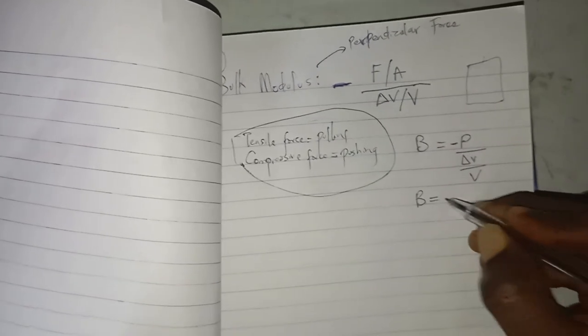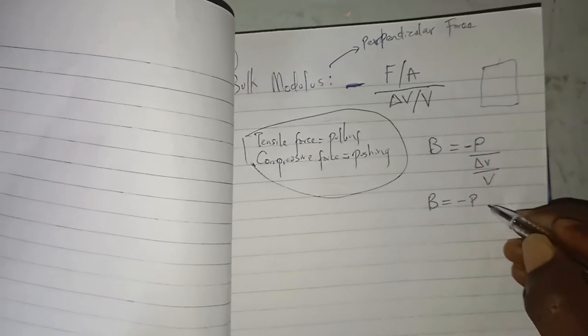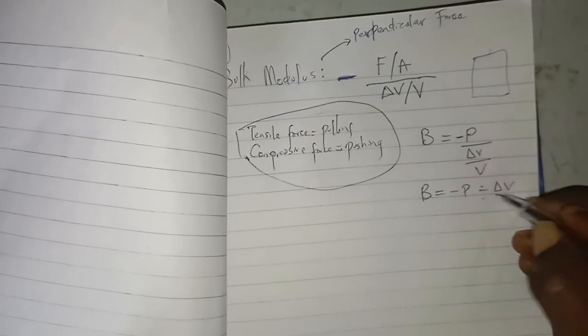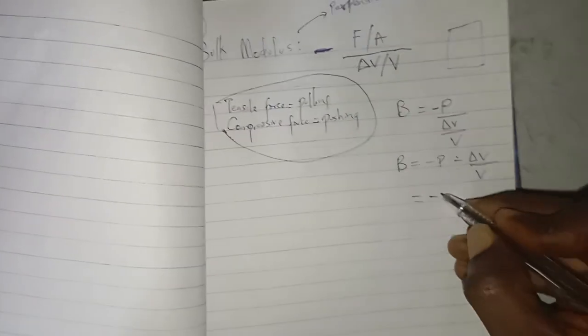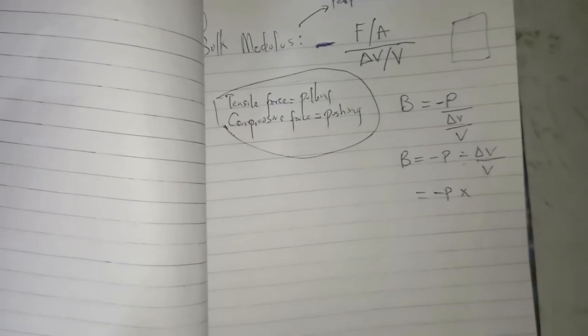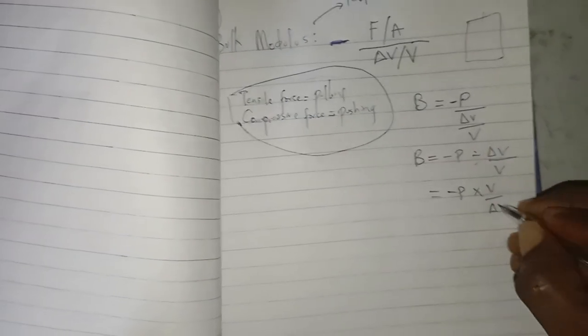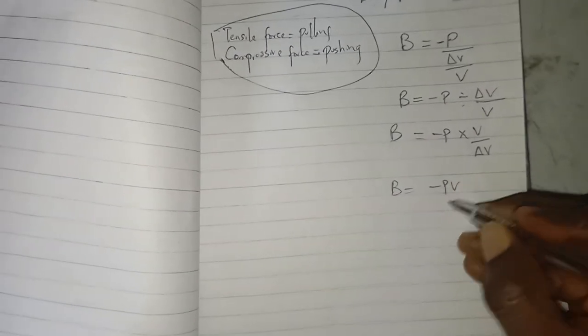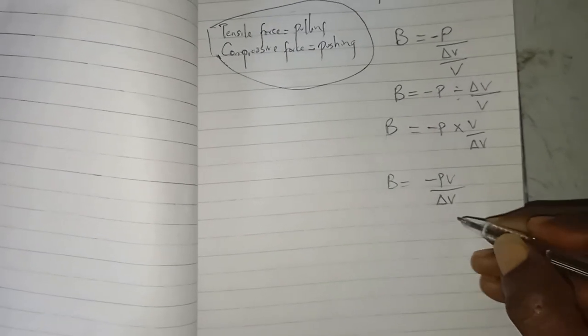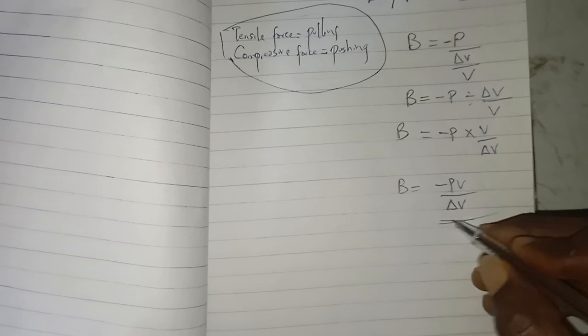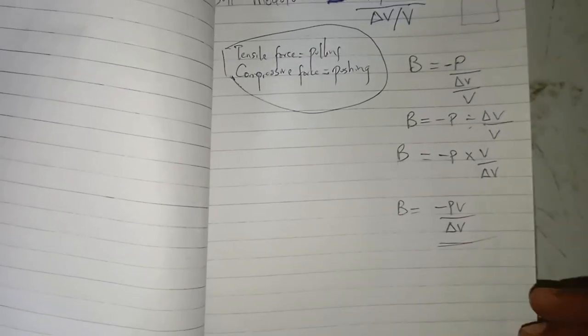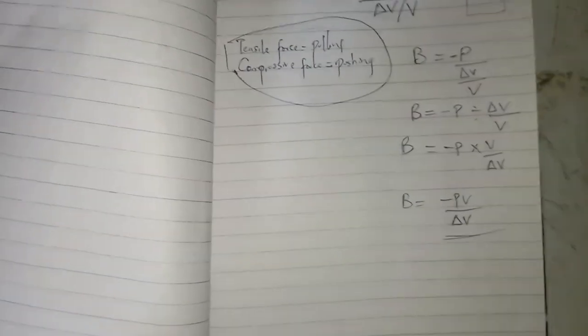B equals minus P divided by change in V over V. And this is going to be minus P times V over change in V. And you know that this is the same thing as saying minus PV all over change in V. So you need to note this. From this formula, you can have a lot of things. So here now, this is pressure, P for pressure, and this is the formula for pressure.